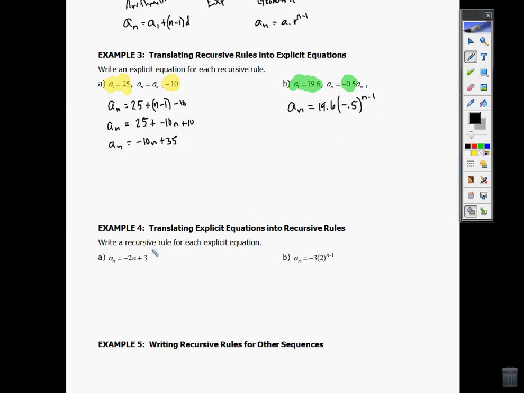Alright, so now what I need from here becomes a little bit different, right? What I want to do is remind us again what the equations for recursive are. Over here, whatever number that you want equals the previous number, a sub n minus 1, plus whatever the common difference is.